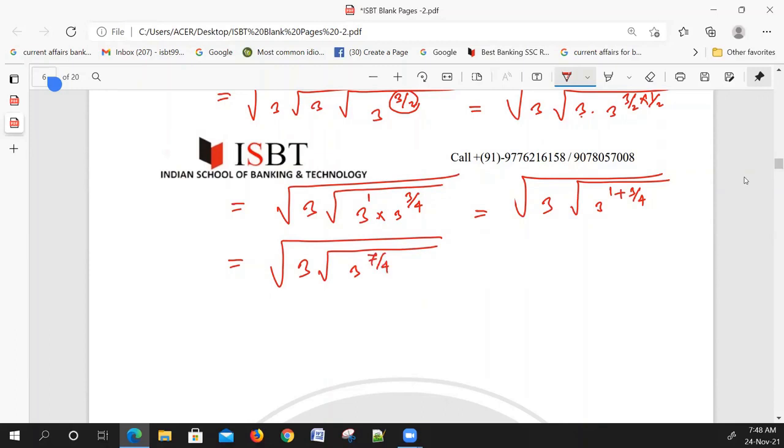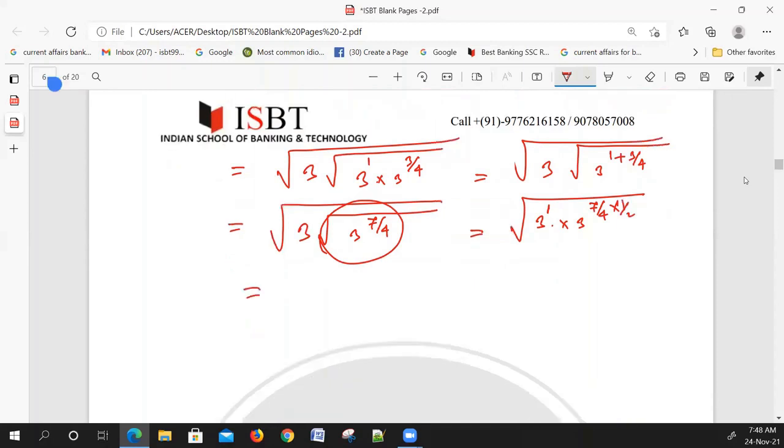Okay, and next step we can write this into, इसका रूट ओवर हट जाएगा, into 1/2. Okay, this should be written as 3 to the power 1 into 3 to the power 7/8.